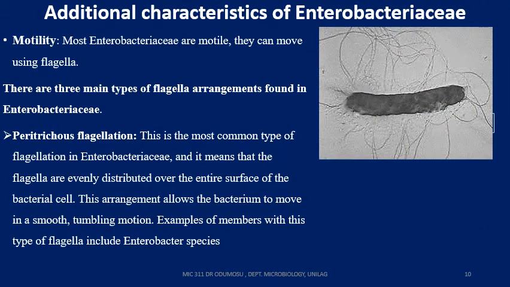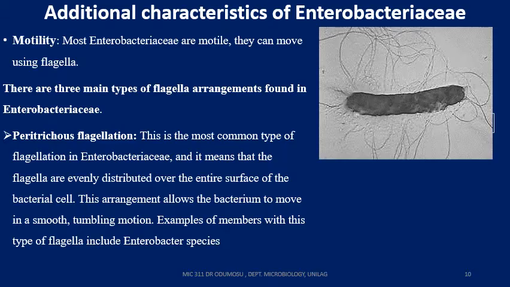Now, additional characteristics of Enterobacteriaceae include the fact that they are motile. Most of these bacteria are motile. They possess flagella that enable them to move about in the environment. For Enterobacteriaceae, there are three major types of flagella.